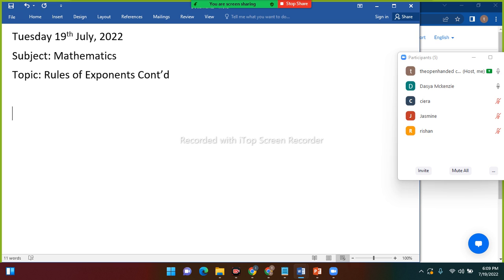So when you have a power raised to another power, you multiply the powers. You keep the base and multiply the exponents. Okay. So what do we call that rule? The product rule. Excellent. And then what's the next one that we looked at yesterday? The quotient rule. Very good. And how does that one work?